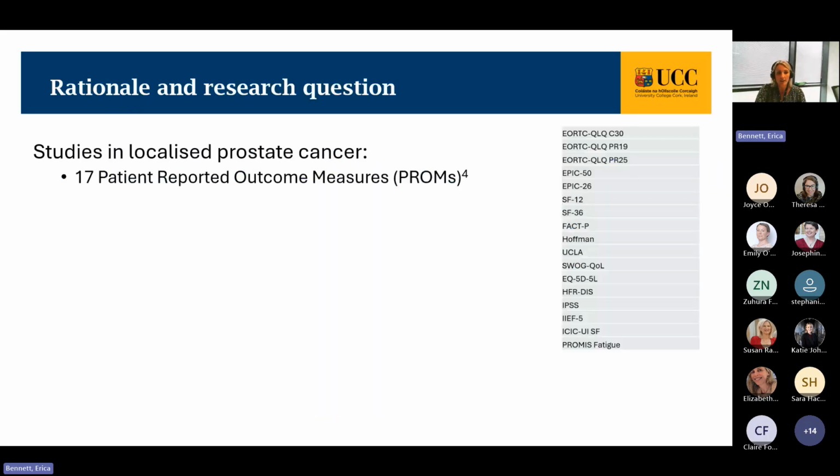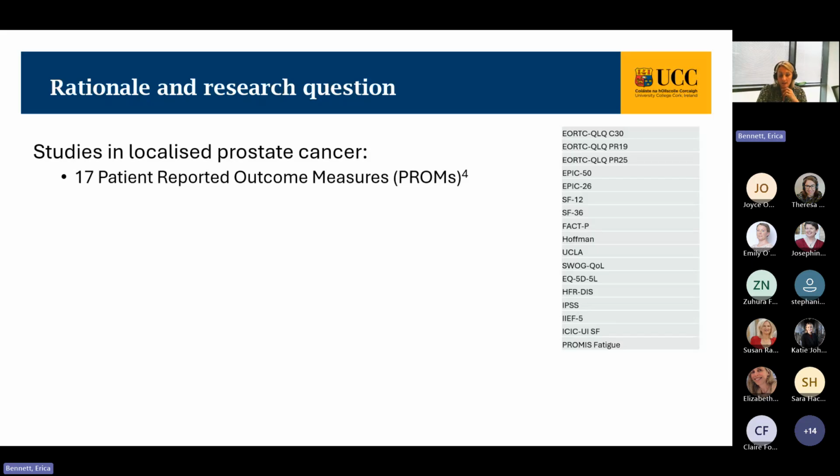And health-related quality of life is measured through patient-reported outcome measures, so quality of life questionnaires. And currently, there are 17 different PROMs used in localized prostate cancer, which I have listed there.